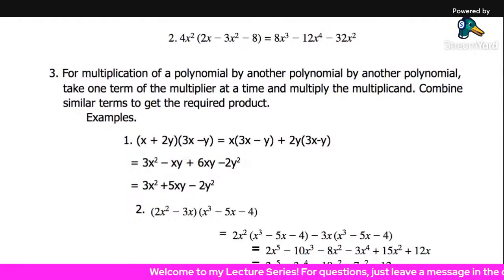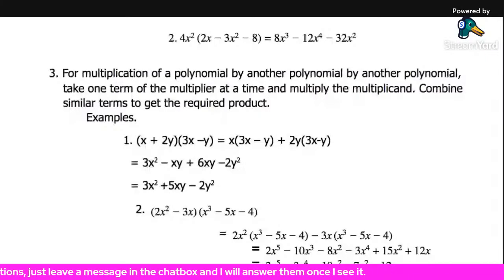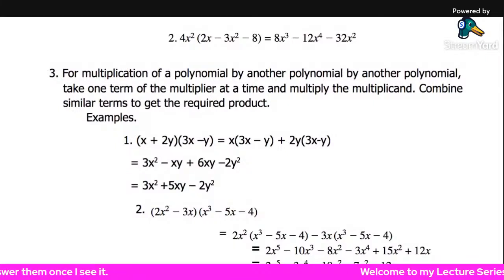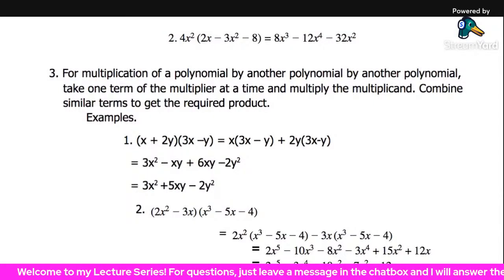Or you can also use the FOIL method. I'm going to give that as your assignment. I know that you know that already, but just in case you forgot it, I'd like you to go to YouTube later and search for the FOIL method in multiplying binomials.